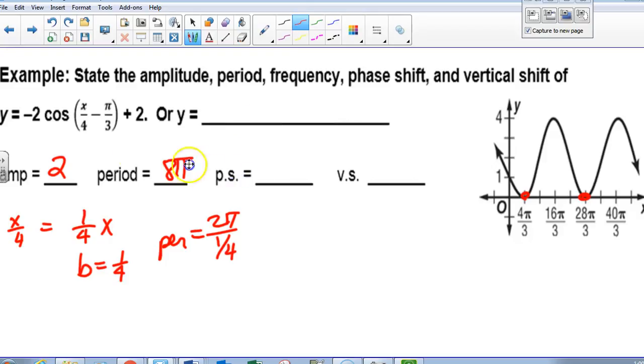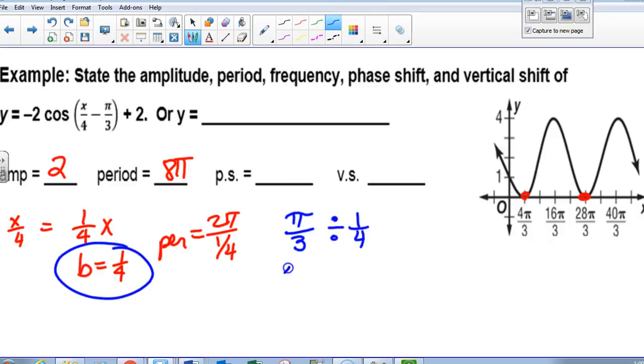All right. Phase shift is the tricky one because this is an unfactored form, so we have to do c, which is pi over 3, divided by b, which we said was what? 1/4. So what is pi over 3 divided by 1/4 become?